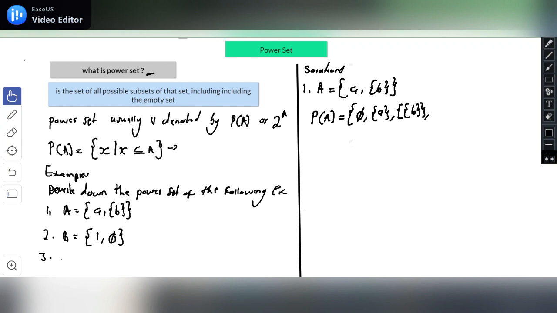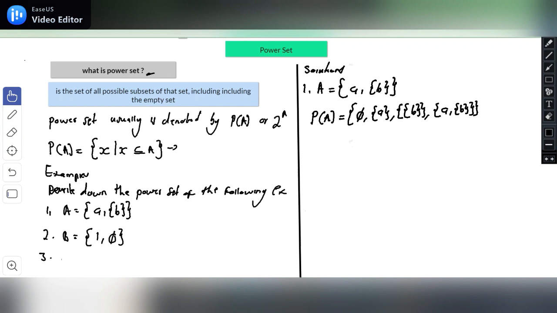Then, as we wrote a and {b}, now we have to combine them: we open our braces and put this brace here, therefore {a, {b}}. Then we close the braces. That's how we do it.